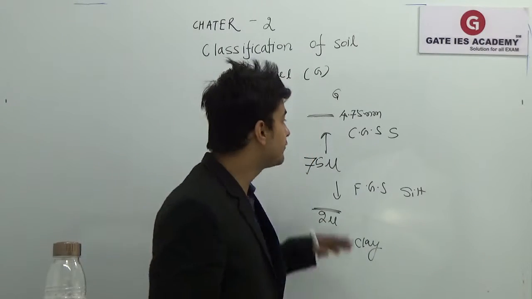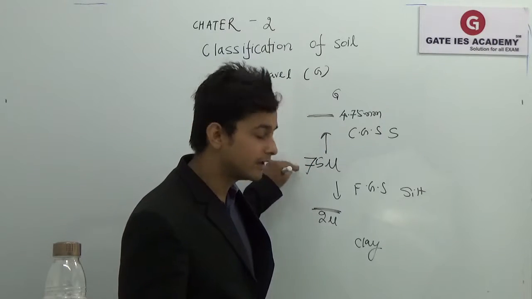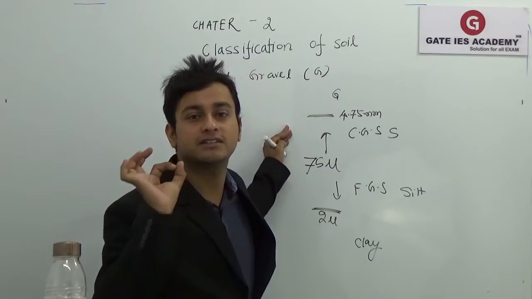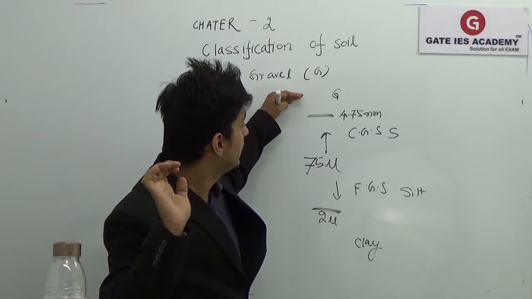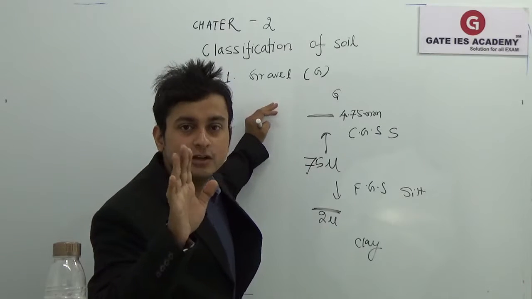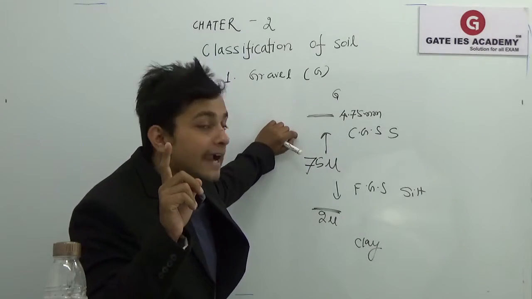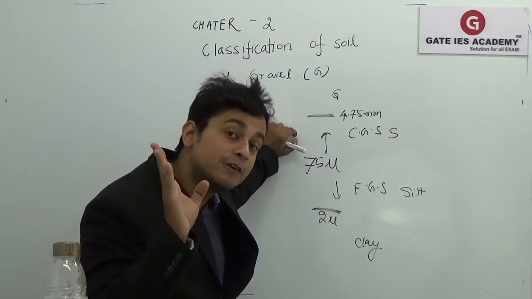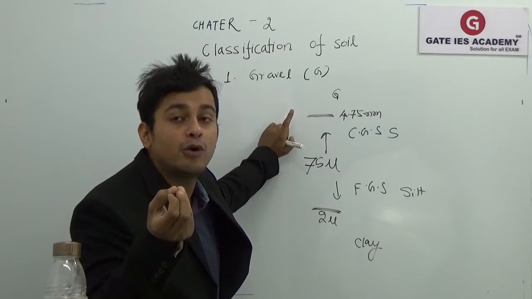Now, if more than 50% means, let's suppose 51%, is greater than 75 micron, obviously it is a coarse grained soil, but whether you will term it as gravel or sand will depend on how many of those 51% are greater than 4.75 mm.